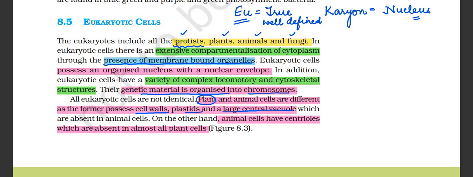So the plant cell and the animal cell differ in containing the cell wall, plastids, and the size of the vacuole. On the other hand, animal cells have centrioles that are absent in almost all plant cells.